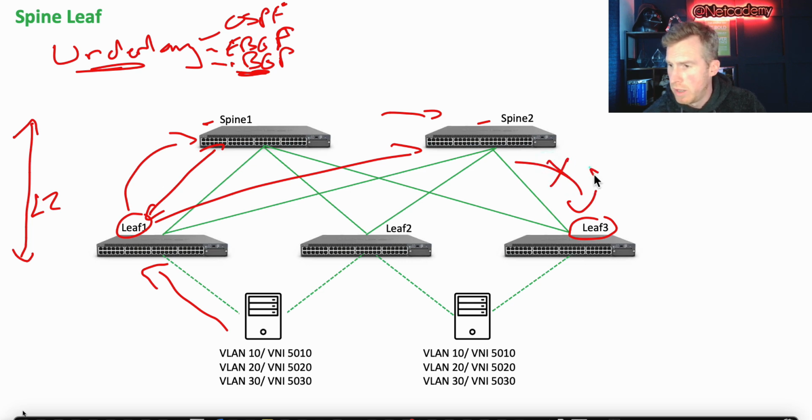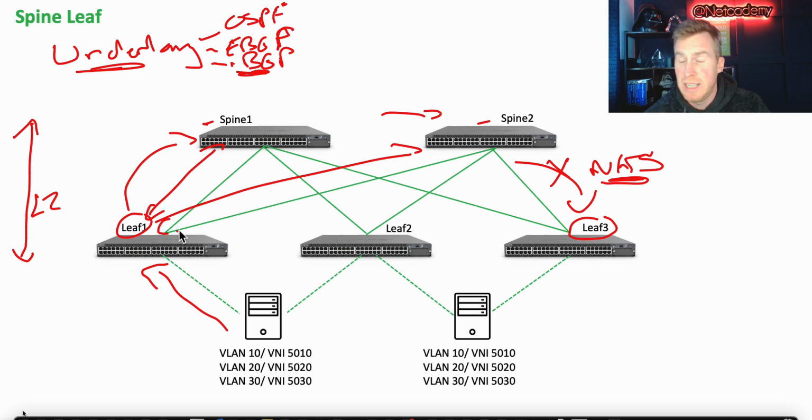This is where the next hop self, or NHS, policy comes in. You need to define a policy statement for next hop self, i.e. if this route is being advertised from this spine device, the next hop is myself, so leaf 3 knows where to go to get to that destination. So with iBGP, what you basically need is full mesh connectivity.